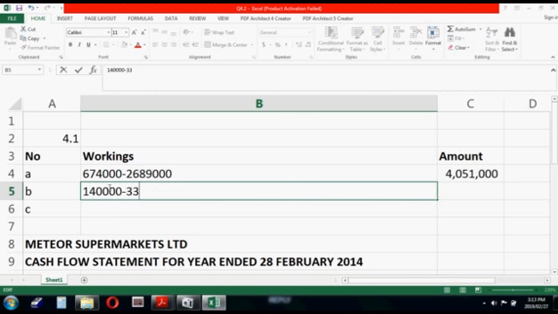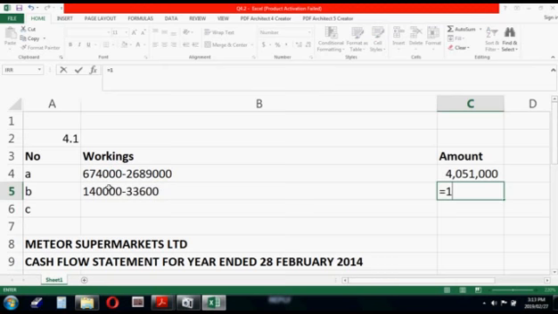So it's the cost minus the accumulated depreciation, which gives us 106,400 rand.